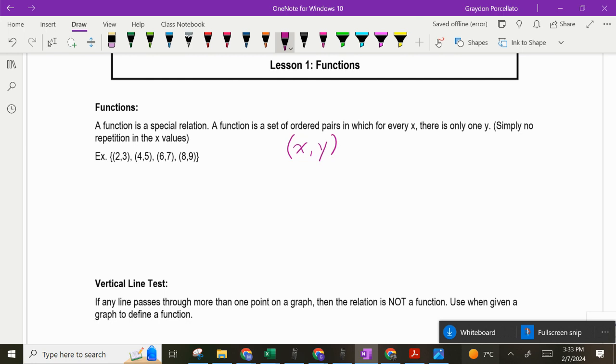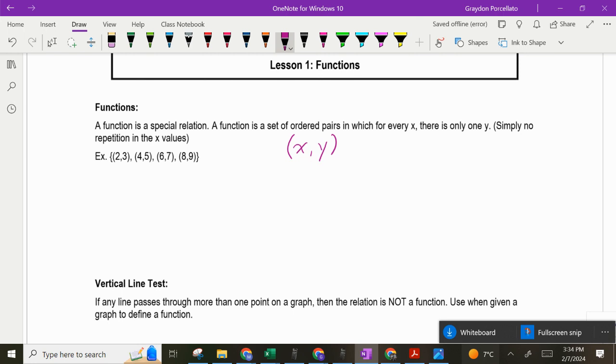The x coordinate comes first, the y coordinate comes second, and it's a pair of numbers. That's how we get ordered pairs, for which, for every x, there is only one y. Simply no repetition in x values. All right, so just only one y for every x value.